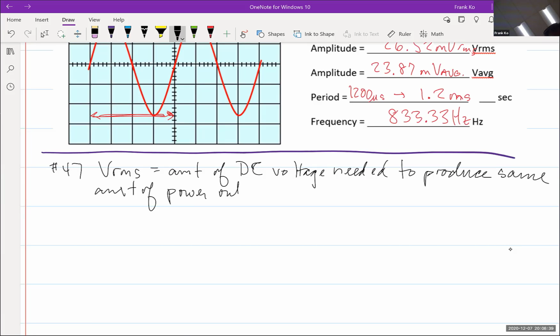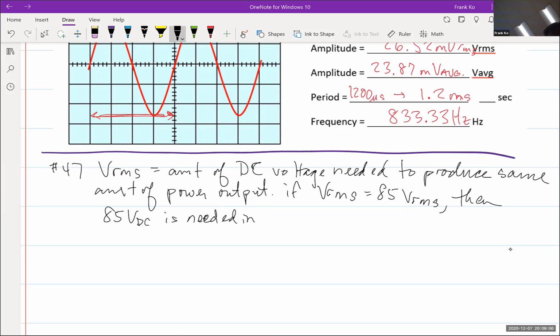And so if V RMS is equal to, in this case, 85 V RMS, then 85 volts DC is needed in substitute to produce the same amount of heat/power.